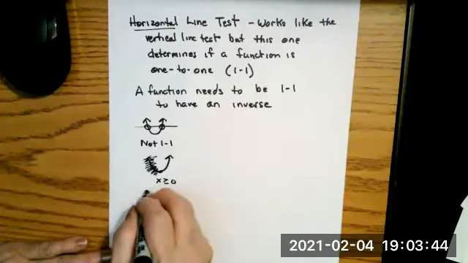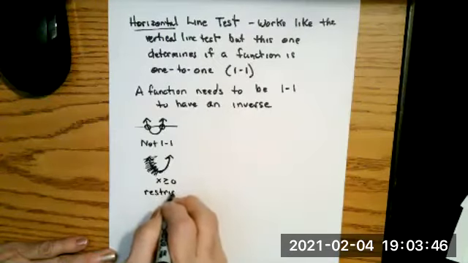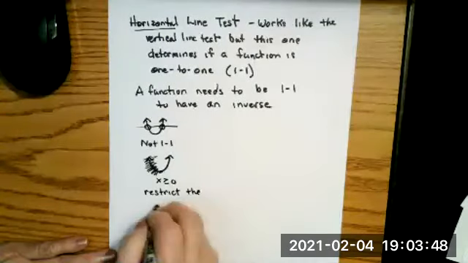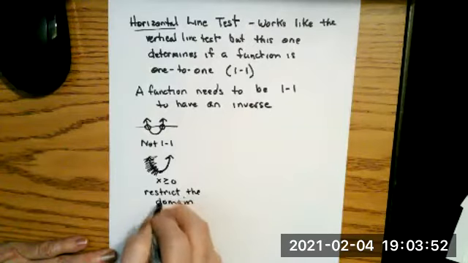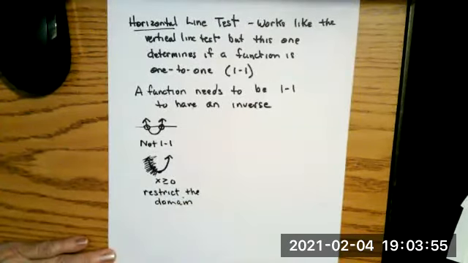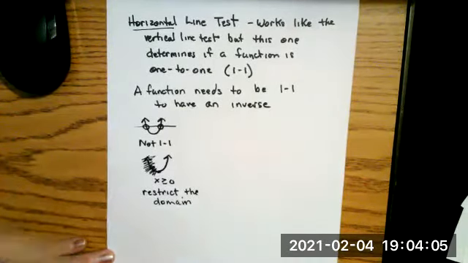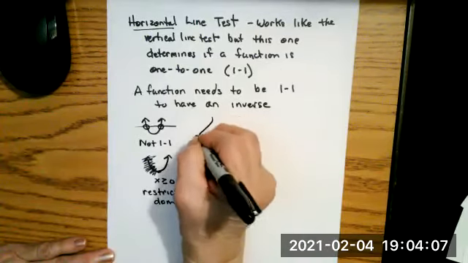That's called restricting the domain. And that's the way they get away with using parabolas to find an inverse. They just cut off half of it. We'll do one of those in a minute and you'll see what I'm talking about.